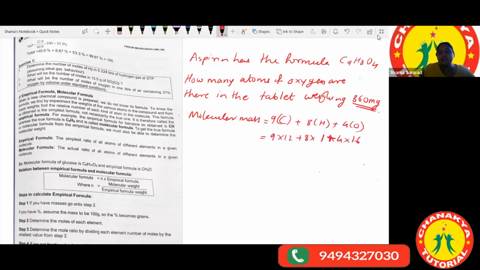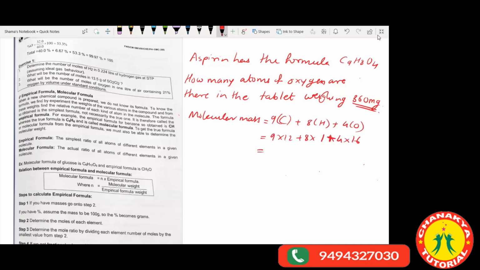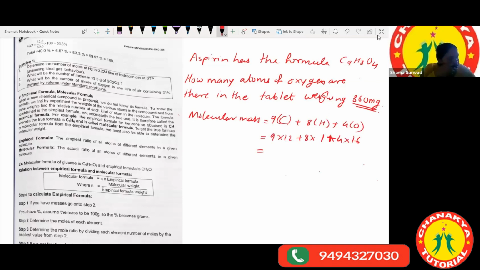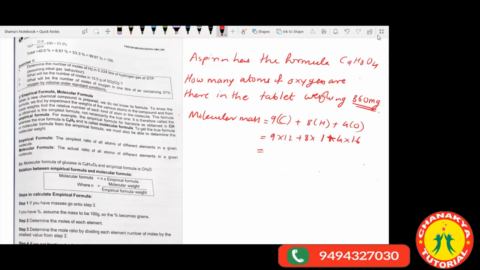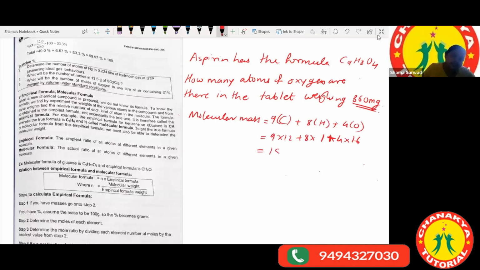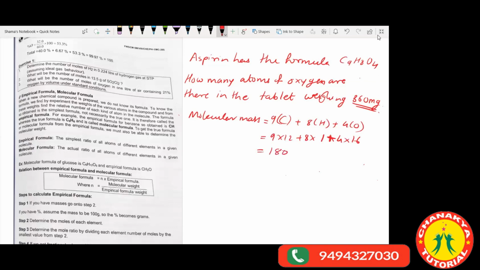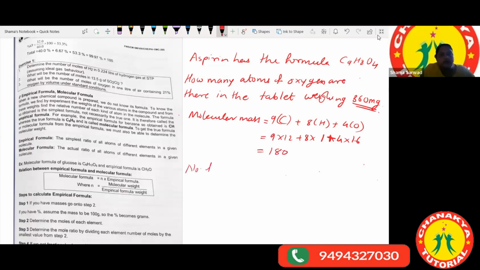Do this calculation. I hope it would be around 180. Ma'am, it's 180. Are you sure? Okay, fine. You have calculated it will be 180, correct? This is the molecular mass. Now you have to calculate the number of moles. How will you calculate the number of moles?